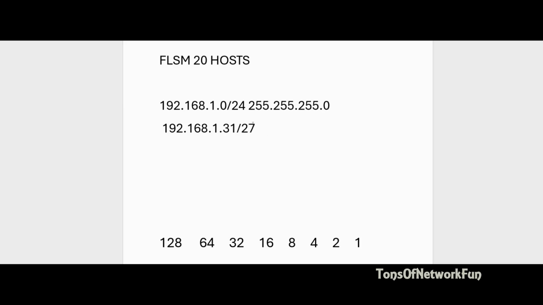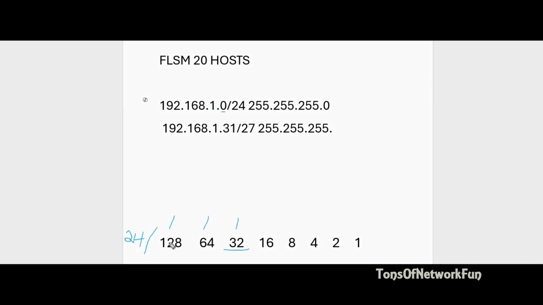And we need to find the written format of our subnet mask, which represents the network portion of our IP address. The first 3 octets still remain the same, since we only borrowed from the last octet. So 255.255.255, that much is the same. But the last 0 is no longer 0, because we borrowed 3 bits.